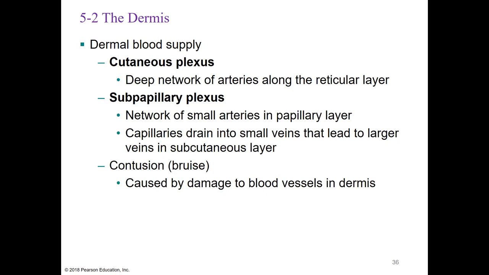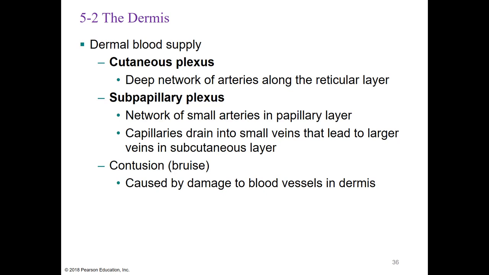It's got a cutaneous plexus, which is a deep network of arteries along the reticular layer of the dermis, and a subpapillary plexus, right under the papillae, which is a network of small arteries in the papillary layer. Capillaries will drain into small veins that lead to larger veins down in the subcutaneous layer. I'll show you what those look like.